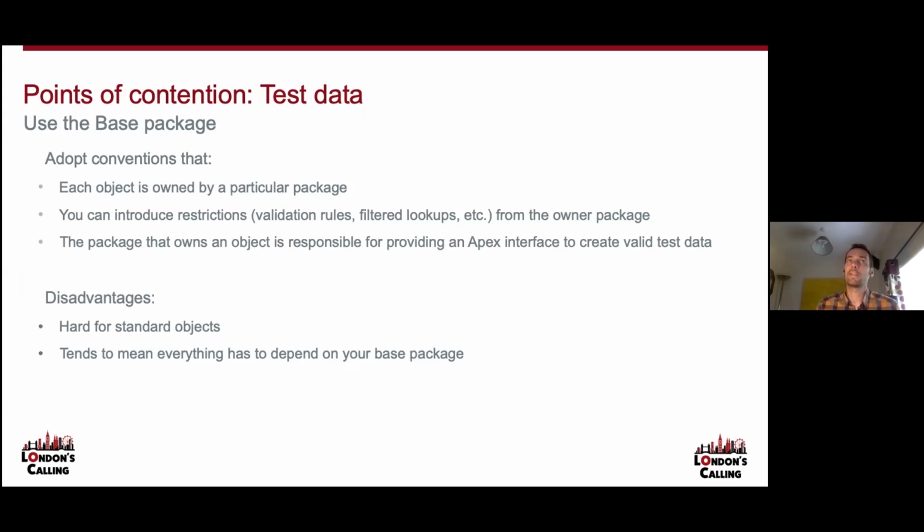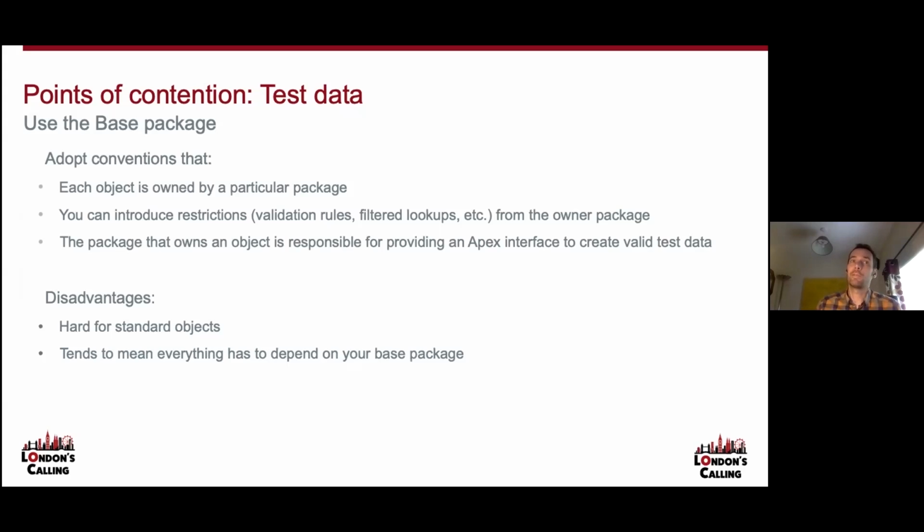One way of addressing that is to adopt some coding conventions and say that each object is owned by a particular package, and only the package that owns that object is allowed to add any constraints to it. So that's the only package that can add validation rules or filtered lookups or anything like that. And then that package has the responsibility of providing an Apex interface to create valid test data.